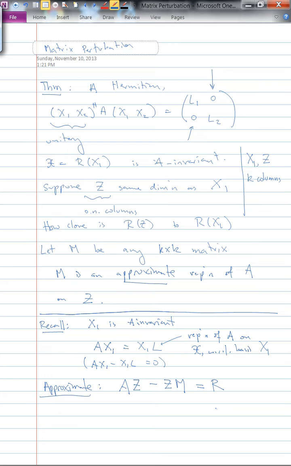Okay. So then the question is, how close is the range of x1 and the range of Z as subspaces?